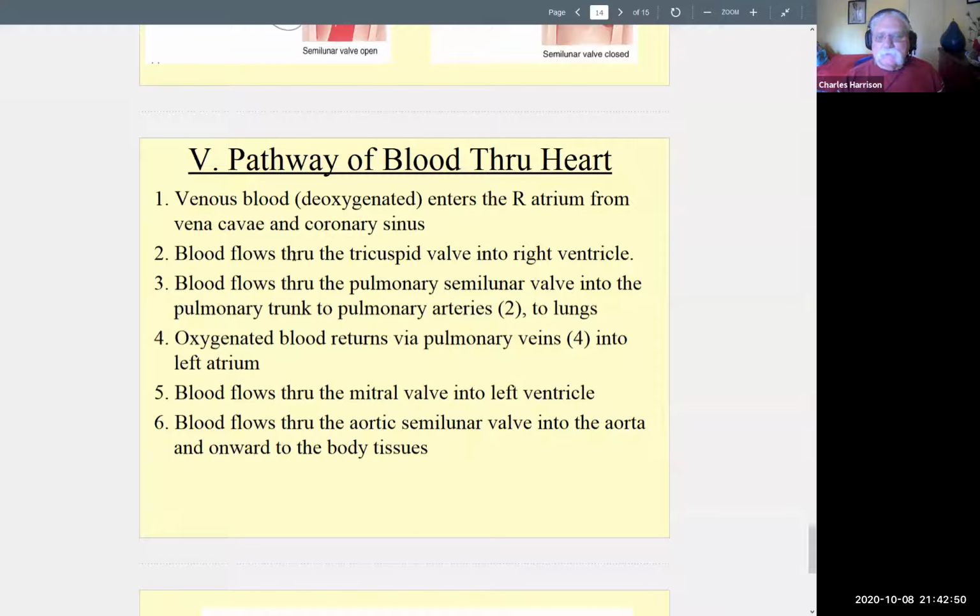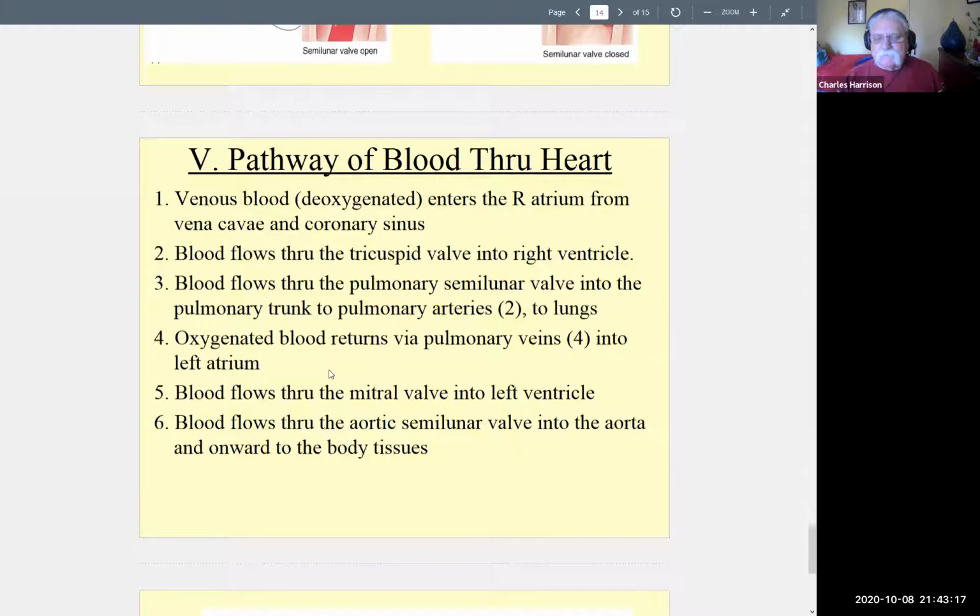Okay, the blood flows through the tricuspid valve and down into the right ventricle. And from there, the blood flows to the pulmonary semilunar valve and into the pulmonary trunk and to the pulmonary arteries, to the lungs. Once oxygenated in the lungs, the blood returns by way of pulmonary veins into the left atrium.